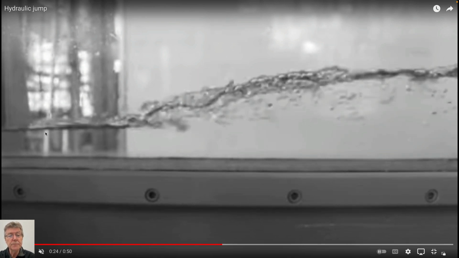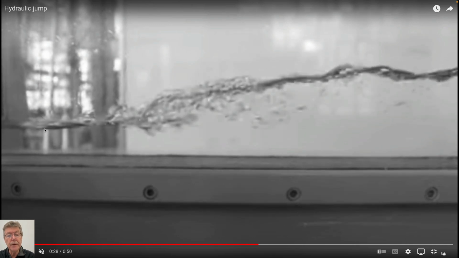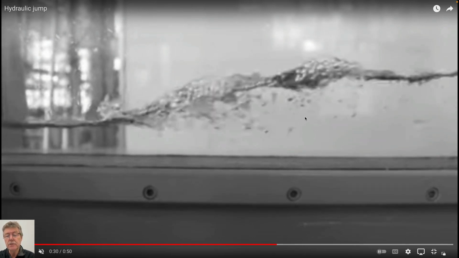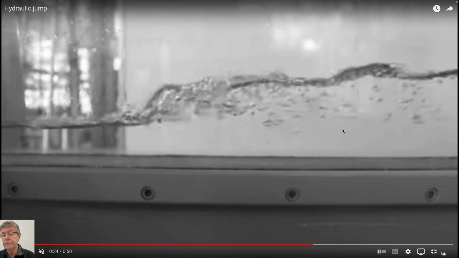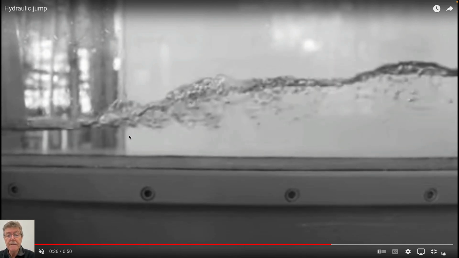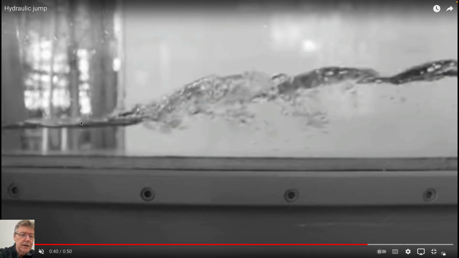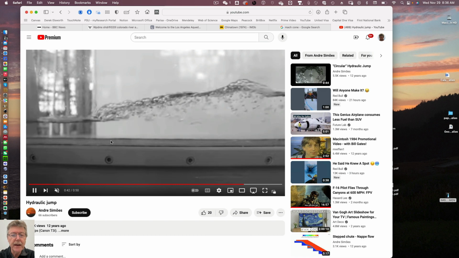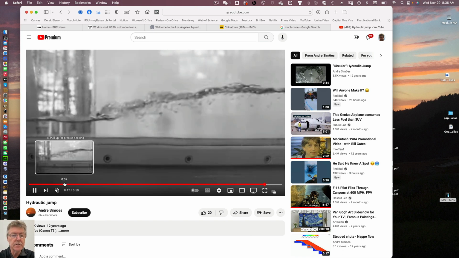And so now, spontaneously, we're going from this fast flow upstream at shallow depth to a slow flow downstream at deeper depth. It's doing it spontaneously, and it's not clear how. Usually we have to have some kind of perturbation that makes it change.